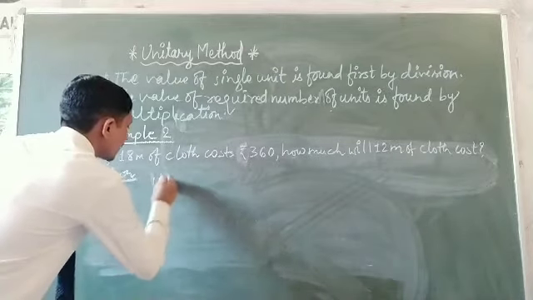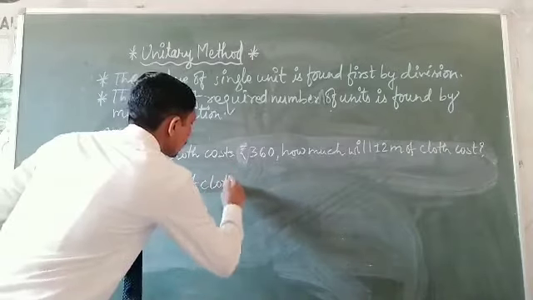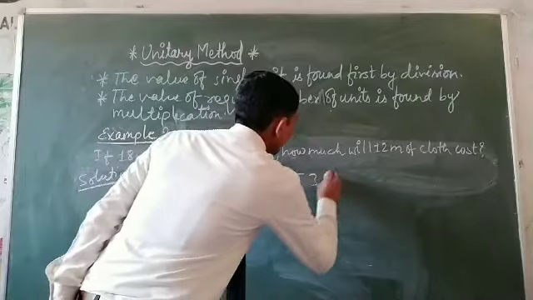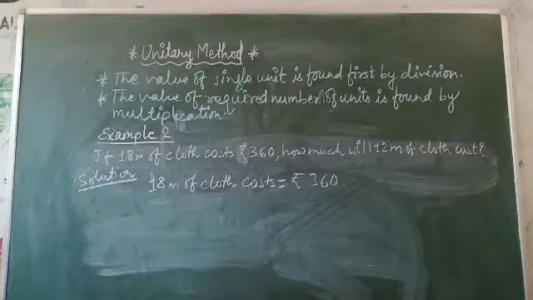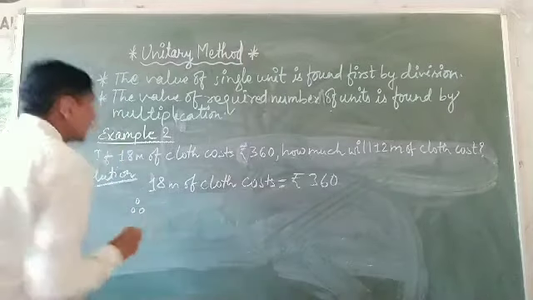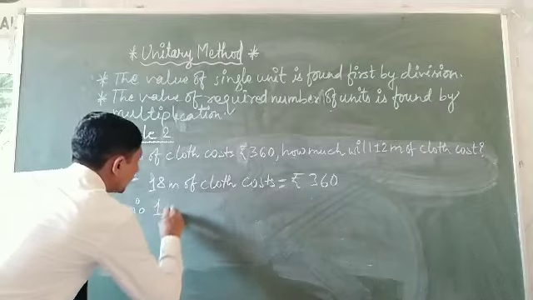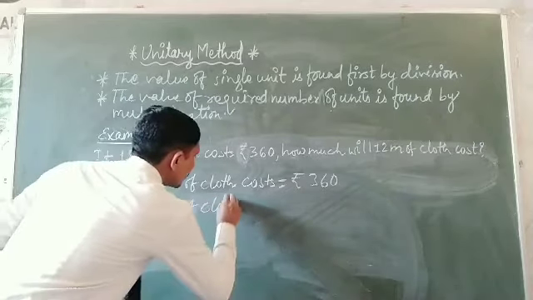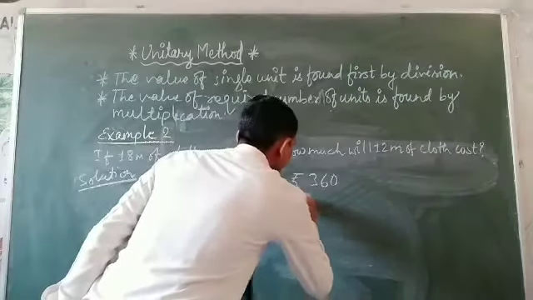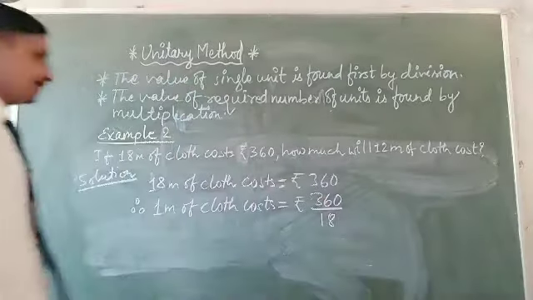Solution: 18 meters of cloth cost rupees 360. Therefore we have to find the value of a single unit, that is 1 meter. 1 meter of cloth costs rupees 360 divided by 18.